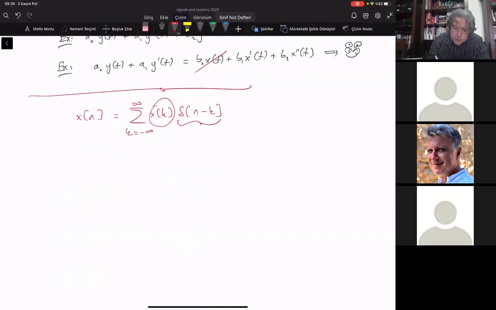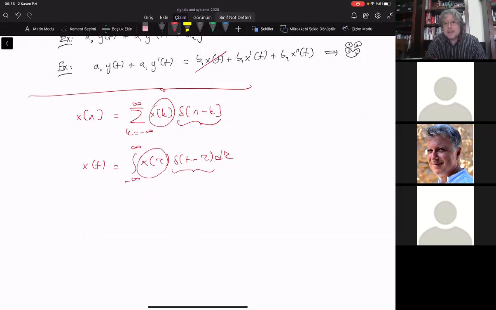Or in continuous time, it was x of t is equal to the integral from minus infinity to infinity of x of tau delta of t minus tau d tau. Again, we were representing in terms of these shifted and scaled impulses and combining them using an integration. So these are representations in terms of impulses.